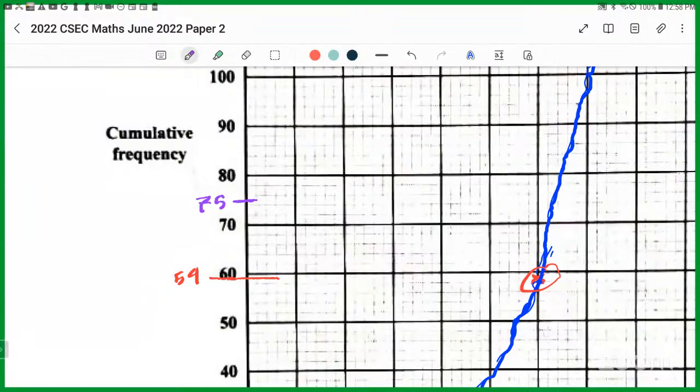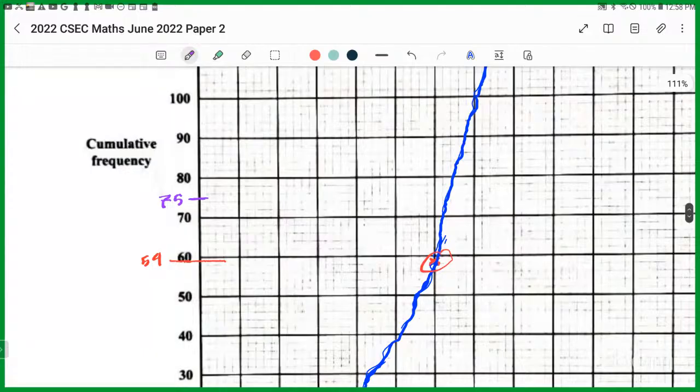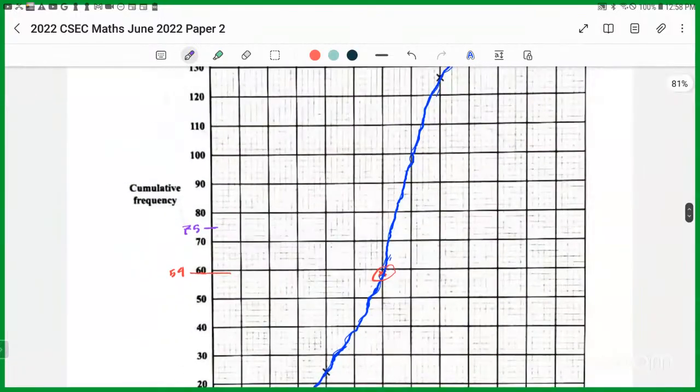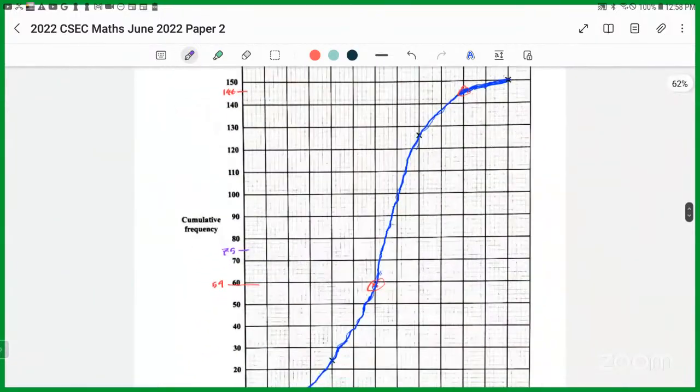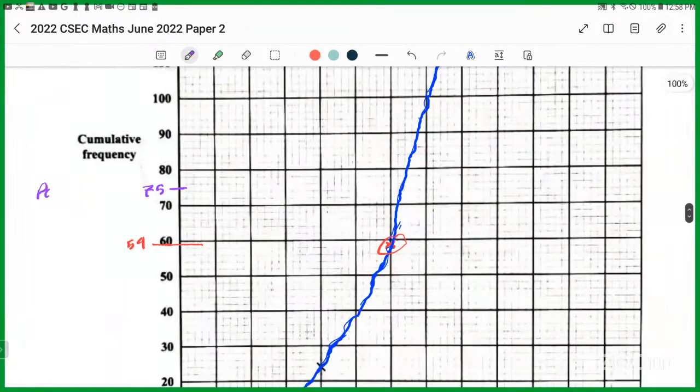That's half of 150. That's the position of it. That's not the median height, that's the position of the median height, right? So this is the position of Q2.